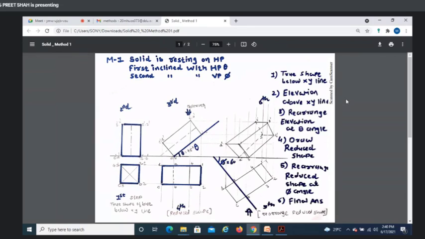Okay, if you understand this method completely, I can guarantee you can solve any kind of problem. Projection of solids is very easy.